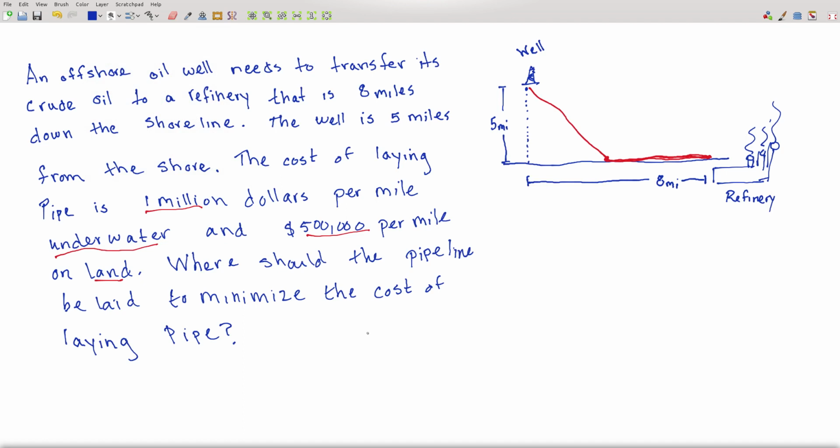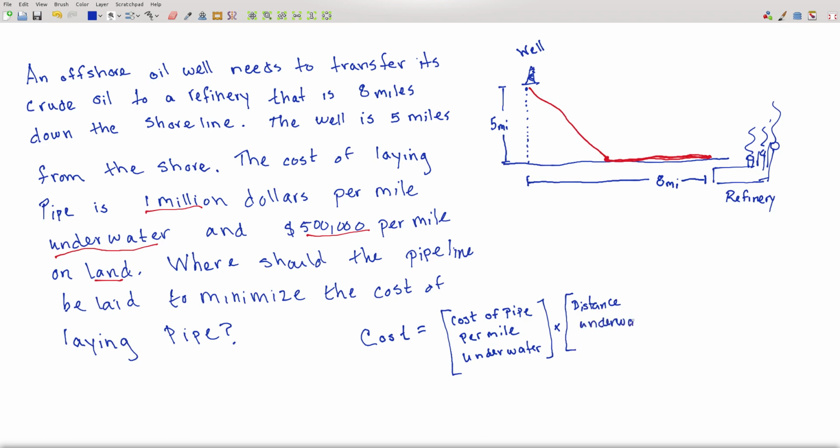Well, see, the total cost, the cost of laying all the pipe, is going to be equal to the cost of the pipe per mile underwater times the distance underwater, and then plus, right, the other cost.